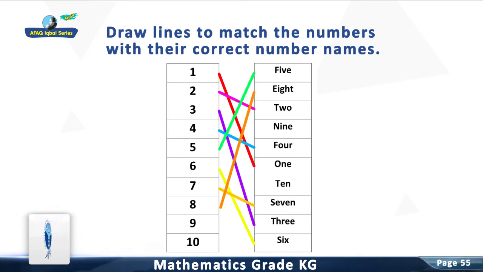Good. 8 is matched with EIGHT 8. 9. Good. 9 is matched with NINE 9. 10. Good. 10 is matched with TEN 10.